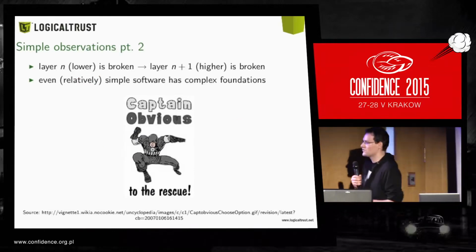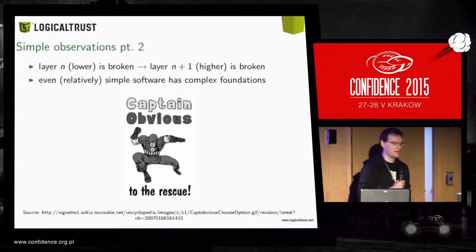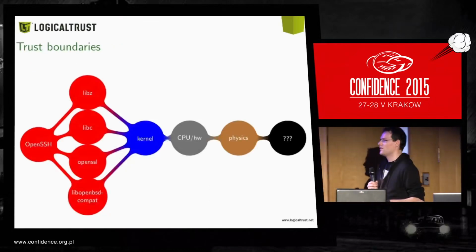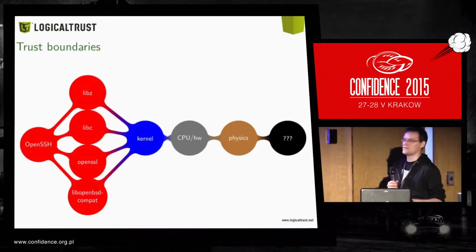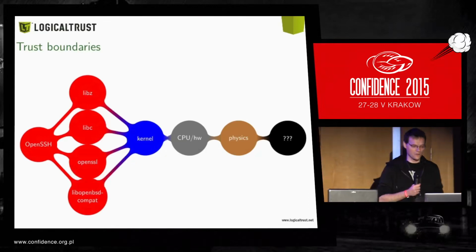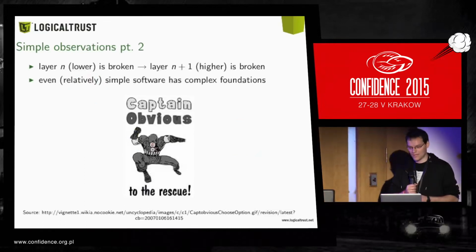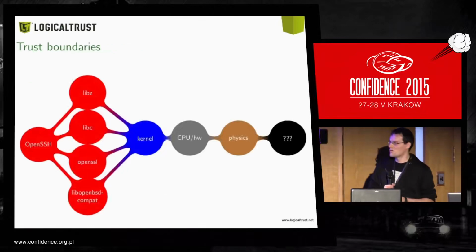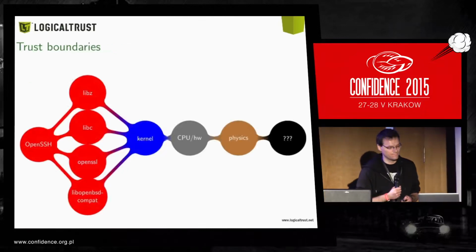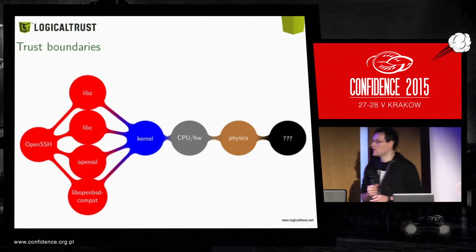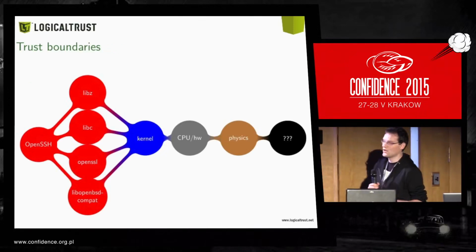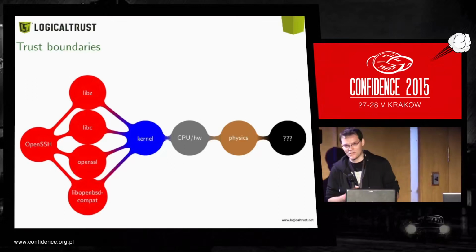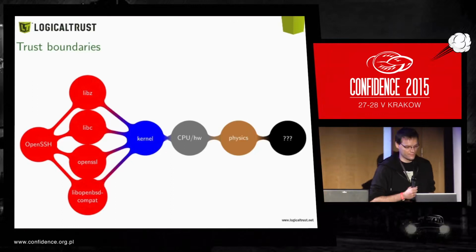So Captain Obvious to the rescue, some pretty simple observations. If we are running, for example, our software on untrusted hardware, then the software is no longer trusted. And even simple software has rather complex foundations. For example, if you put a Hello World program here, you will see a pretty similar graph.